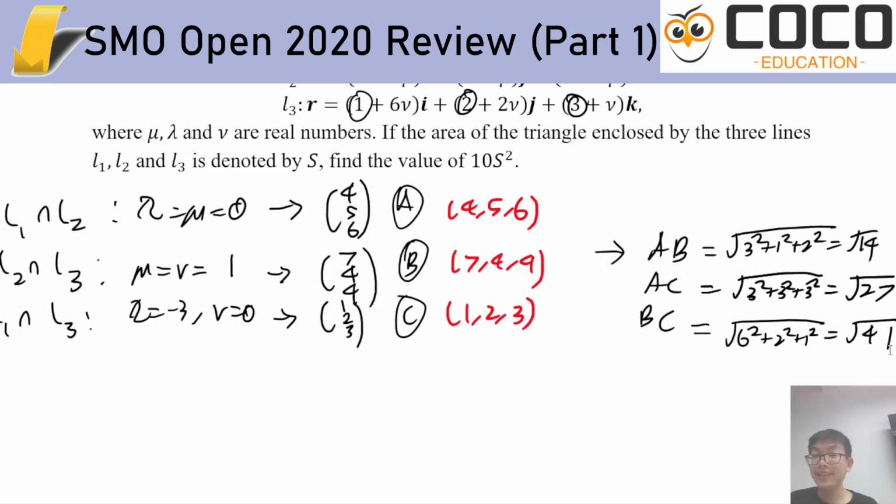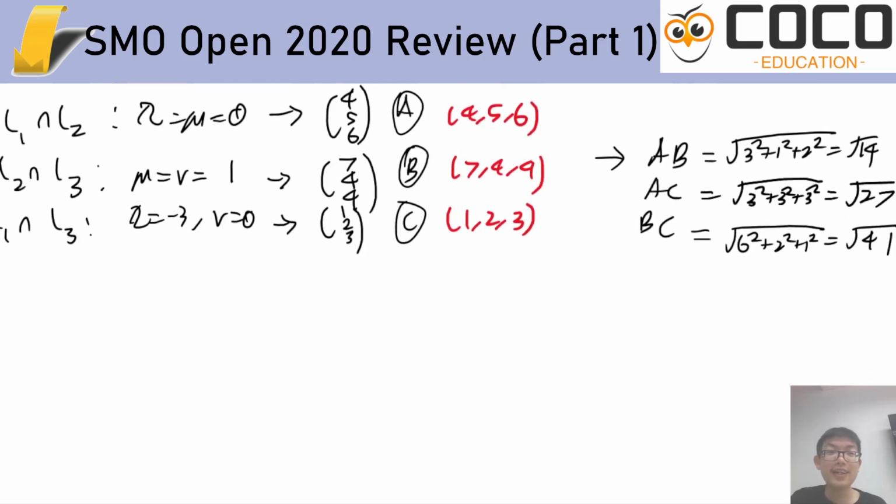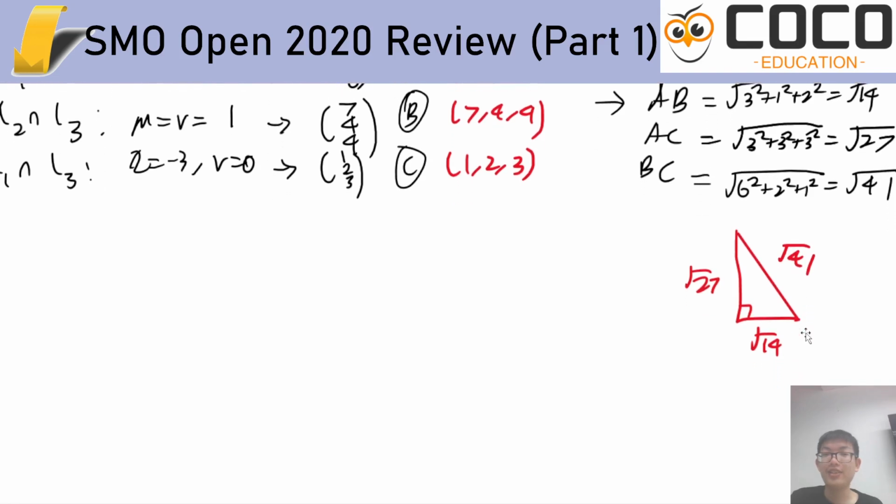by Pythagoras. And hilariously, you will realize that this is a right-angled triangle. Right? Because 14 plus 27 is 41. So again, the question is trying to be nice. It is coincidental that these actually have a right angle there, and so the area is just straightforward.